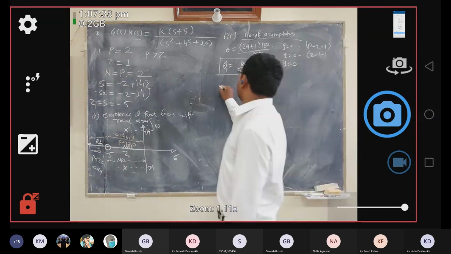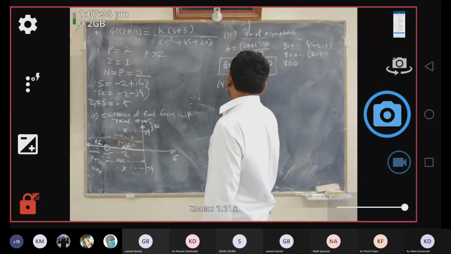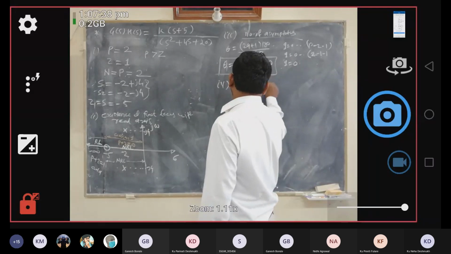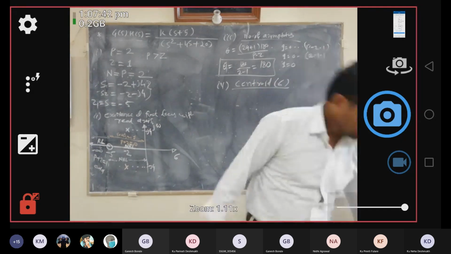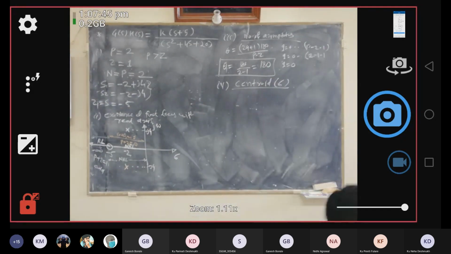Okay. Then next step, centroid. So tell me the value of centroid.